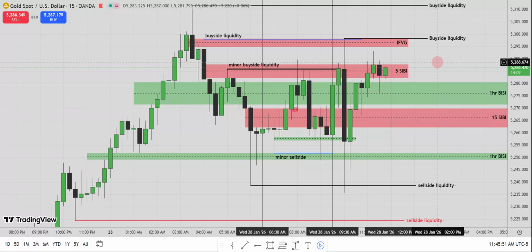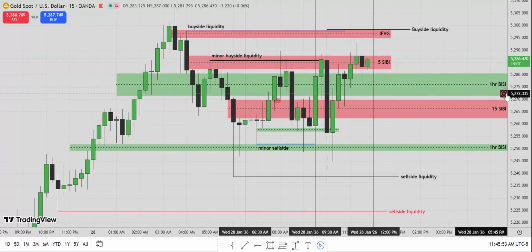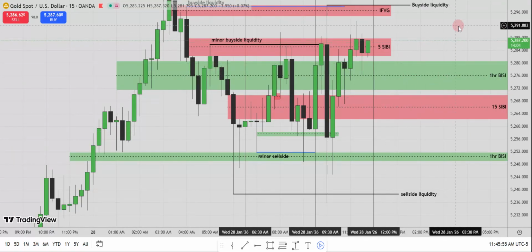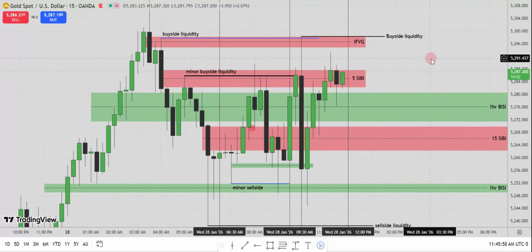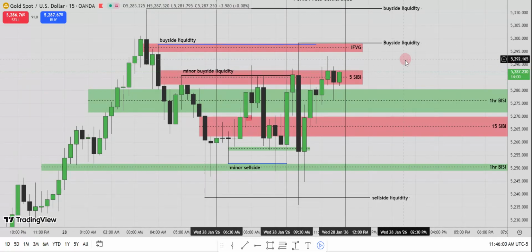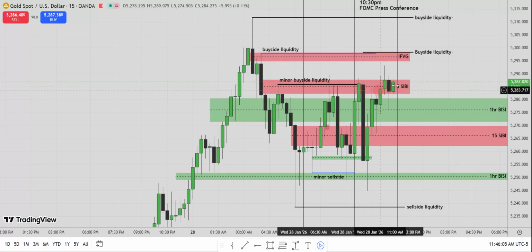I don't really have much FVGs here, so I only used this time frame to mark out liquidity, and you can see all of them there.